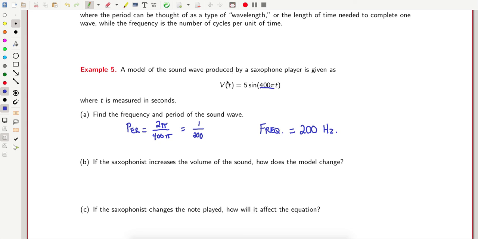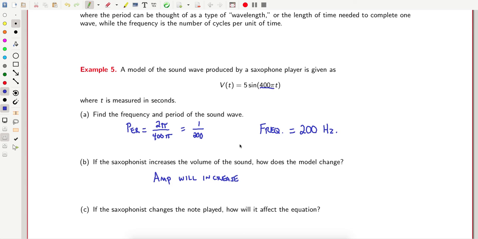So if we increase the volume of the sound, that's going to increase the amplitude. So this 5 is going to go up, so our amplitude will increase. And depending on how loud the saxophonist plays the saxophone, this value could get pretty large.